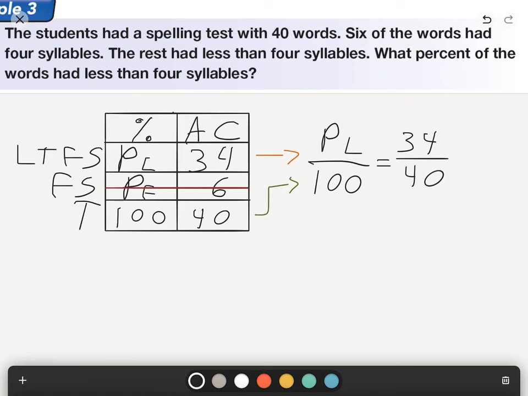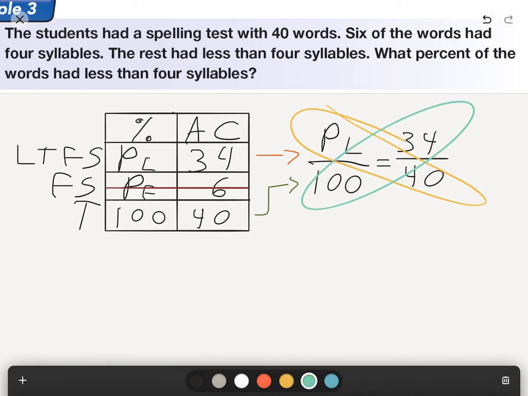is to 40. And I'm sure you could do some kind of reducing thing with this and figure it out pretty quickly, but whatever. Here, I'm just going to do my cross multiplicative goodness. Can you do the simplifying? Oh, sure. If you want to, that's okay.